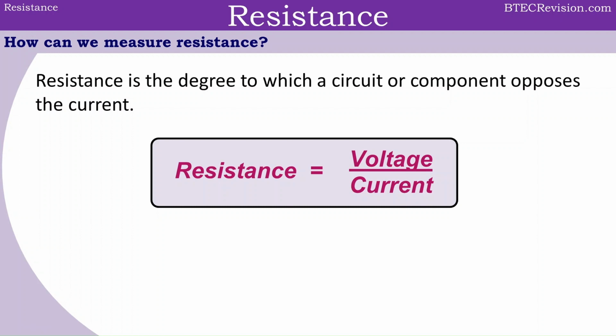He discovered that voltage is proportional to current, and this is known as Ohm's law. If we multiply by a constant, this would give us the equation voltage is equal to current times a constant.